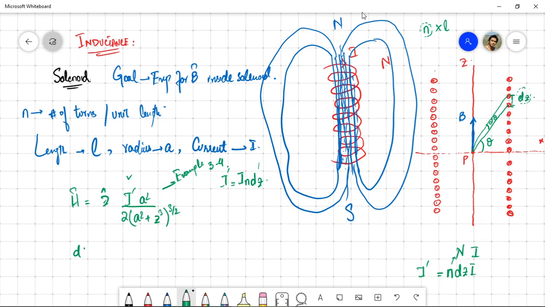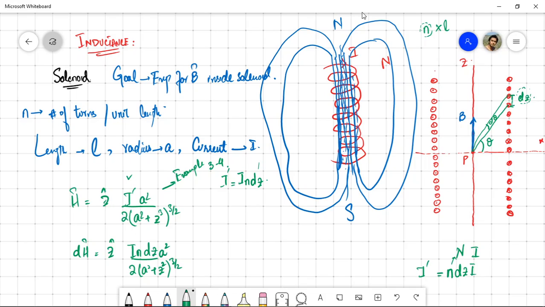So dH is now going to be z hat, I n dz divided by 2, then a squared over a squared plus z squared, to the power 3 over 2. So now we have modified this equation for this specific scenario. We forgot this a squared, so this a squared is also here.